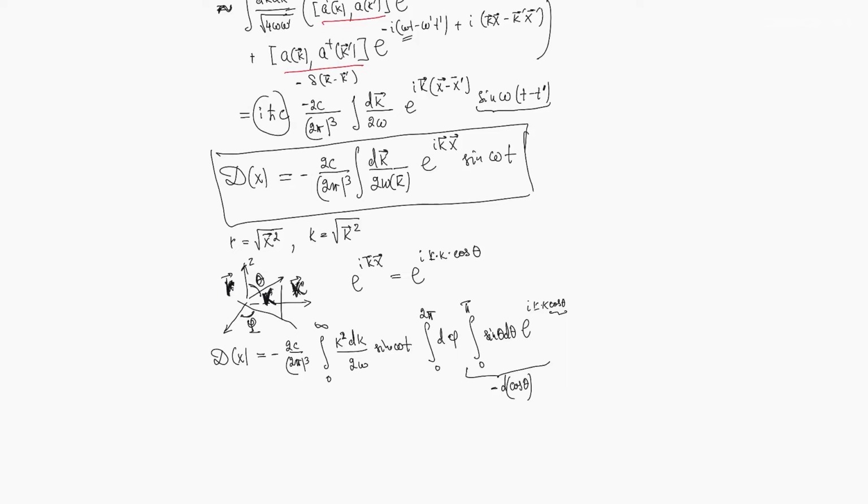And therefore, D on x upon this integration becomes minus c divided by 2 pi squared r, and that comes from this k r here, integral from 0 to infinity k dk divided by omega sine omega t, and the integral over theta from 0 to pi will produce, upon integration, the sine function of kr. So this is now how your integral looks.